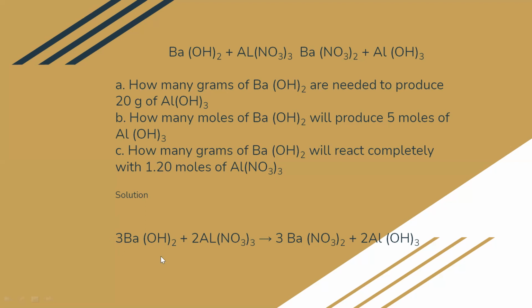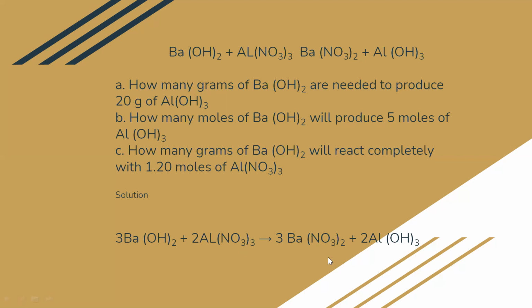Solution. We are going to balance the equation first. So we have barium 3 and barium 3. For oxygen, 2 times 3 is 6 plus 3 times 3 would be 9, and 9 times 2 would be 18. 18 plus 6 would be 24.